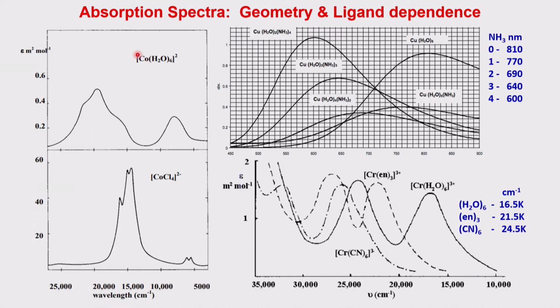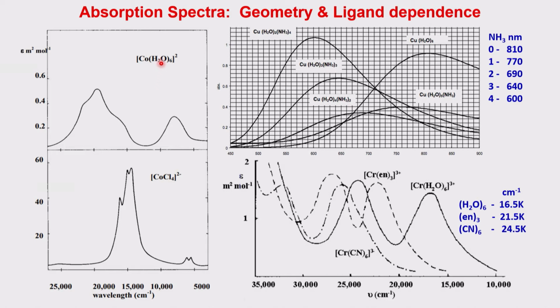One is on the top, which is the cobalt hexa-aquo spectrum, and the one in the bottom is the cobalt tetrachloro spectrum. For both of these, the cobalt is in the cobalt 2 plus. Okay, so the overall 2 plus is missing, but it doesn't matter. But this is the water ligand, this is a chloride ligand. So what are the differences that you will find between these two complexes?